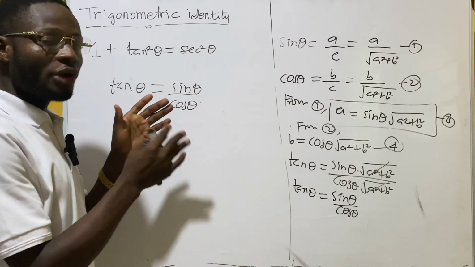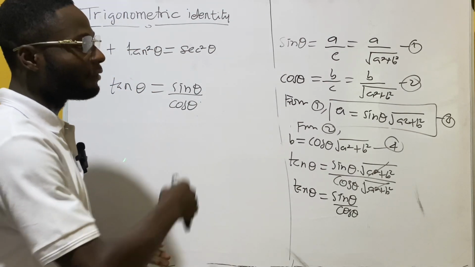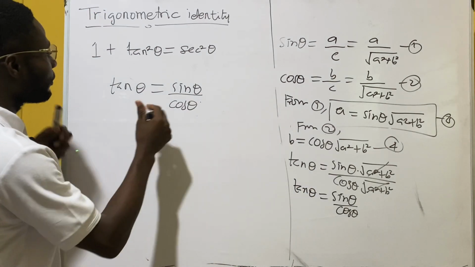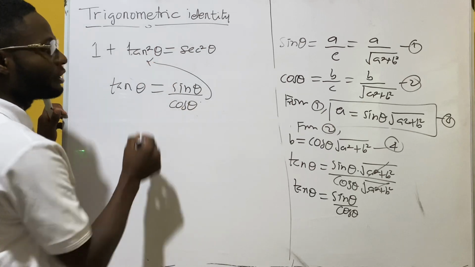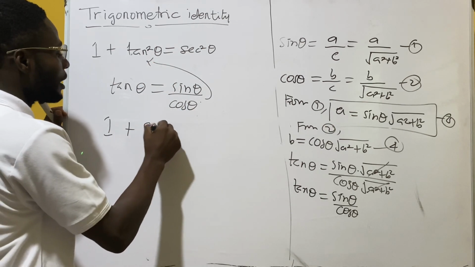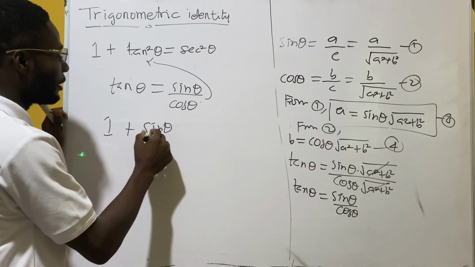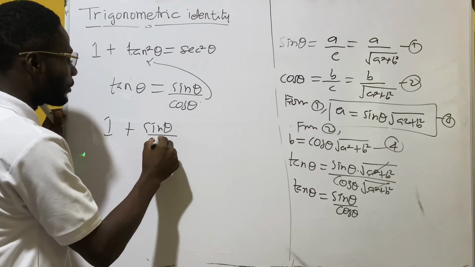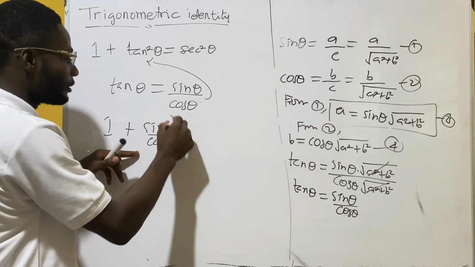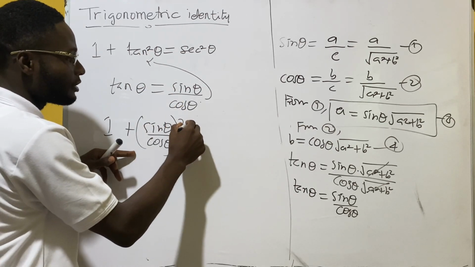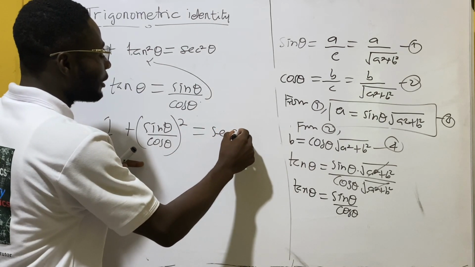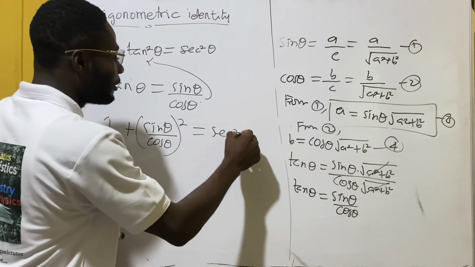Over here, we are using the left-hand side to prove the right-hand side. Good, so let's get into it. We're going to substitute this in place of that. So we have 1 plus sine theta over cos theta, but the tan is squared, so we're going to square all this. And that should be equal to sec squared theta over here.